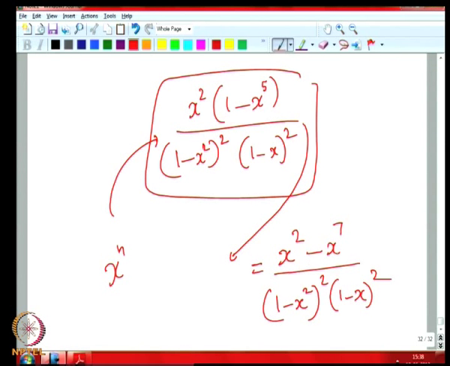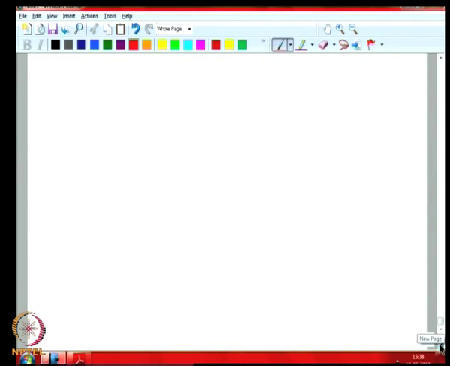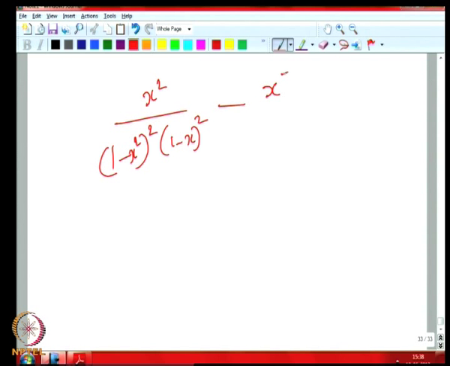Now this will be two different sequences. So one is x square by 1 minus x square whole square into 1 minus x whole square, and minus x raised to 7 by the same thing, 1 minus x square whole square into 1 minus x whole square.